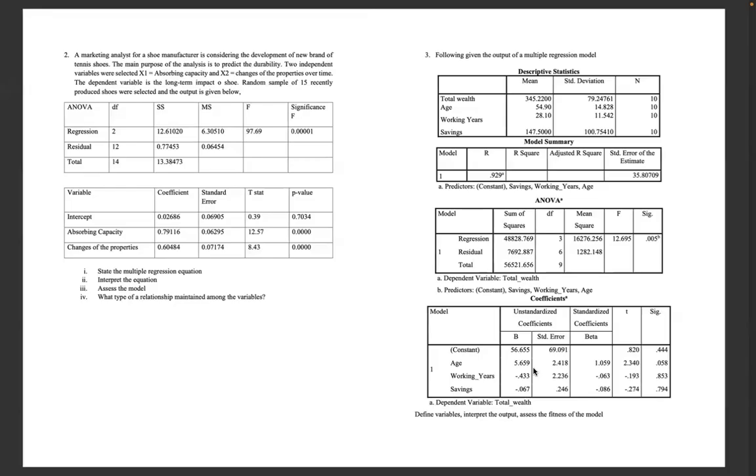Okay, so the descriptive statistics as well as the model summary part is done, right? Then we should be able to interpret the ANOVA table. When interpreting the ANOVA table, first we have to start with the regression and then we should talk about the residuals.